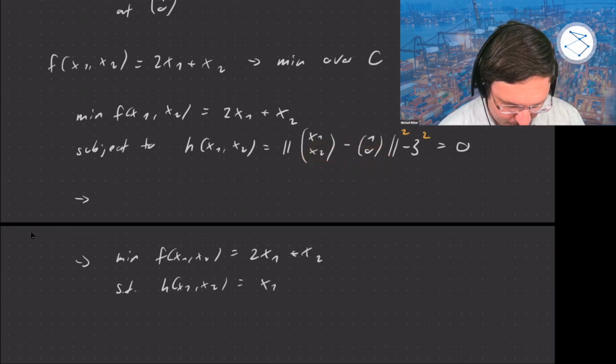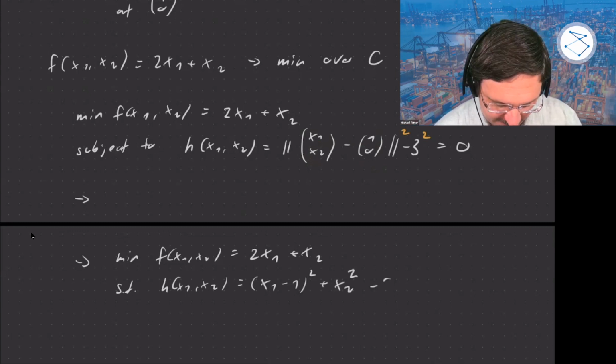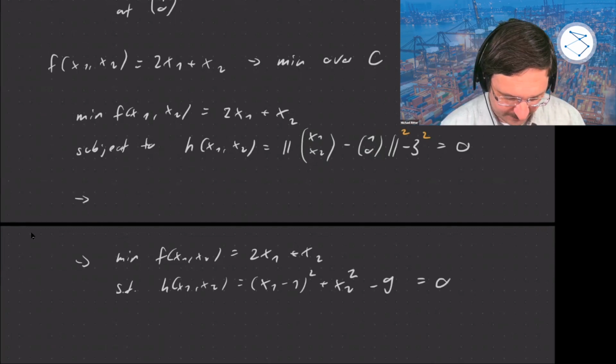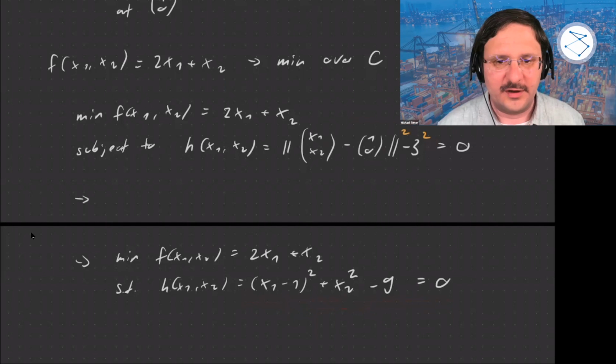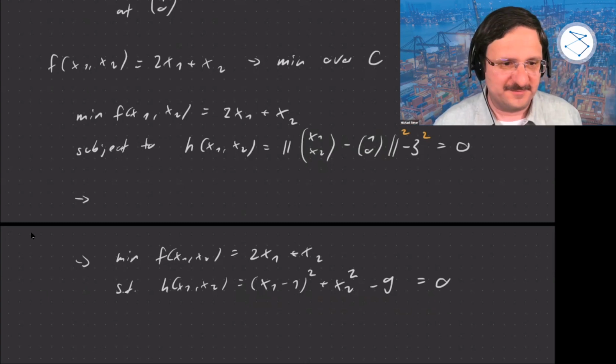So that is (x1 minus 1) squared plus x2 squared minus 9 equals 0. And that here just looks a little nicer than the expression with the square roots. But of course, you could also solve the problem with the square roots. It works pretty much the same way, it just may not look that nice.